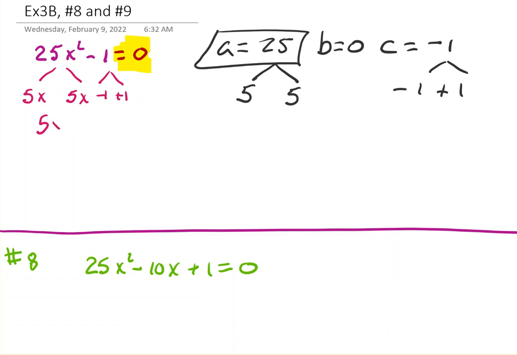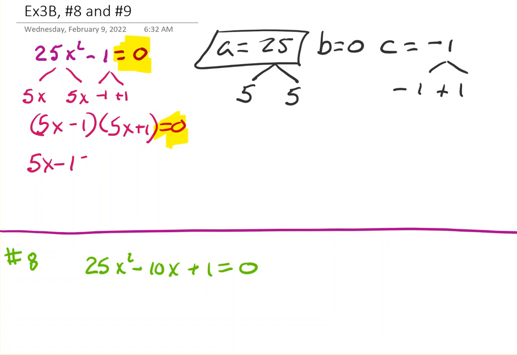So we get 5x minus 1, 5x plus 1, and it all equals 0. All right, not a big deal here. All we've got to do now is the zero product property because it is equal to 0.